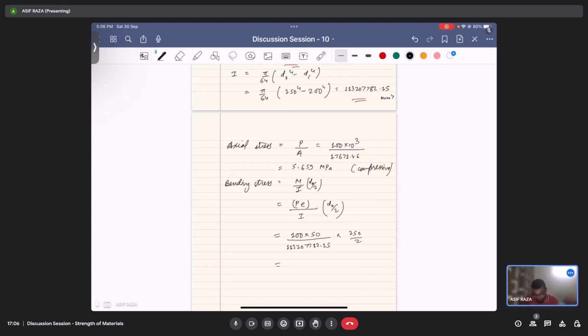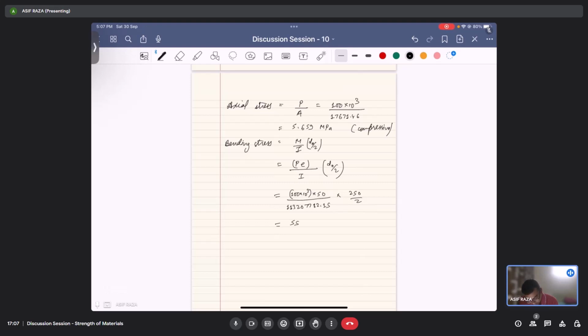That is 100 into 10 power 3 into 50 into 250 by 2 upon 113,207,782.15, and this comes out to be 55.21 megapascal, both compressive and tensile.